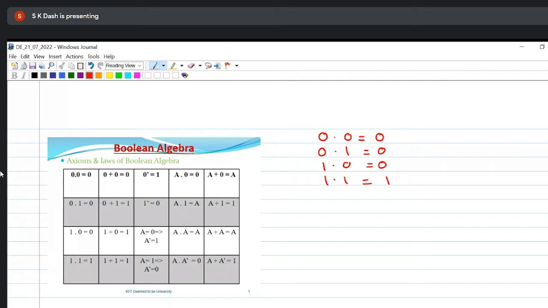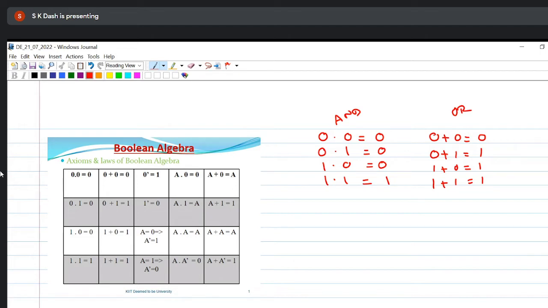Similarly, 0 plus 0 will be 0, 0 plus 1 is 1, 1 plus 0 is 1, and 1 plus 1 is 1. This is nothing but the AND operation, and this is nothing but the OR operation that we discussed in the previous class.